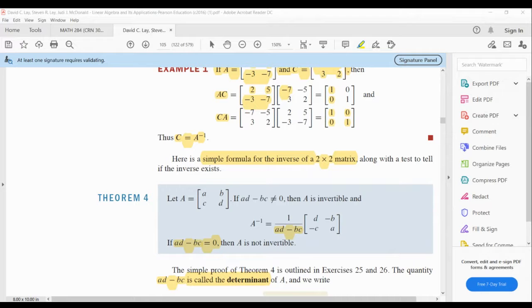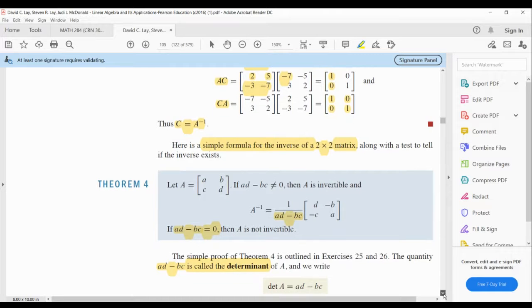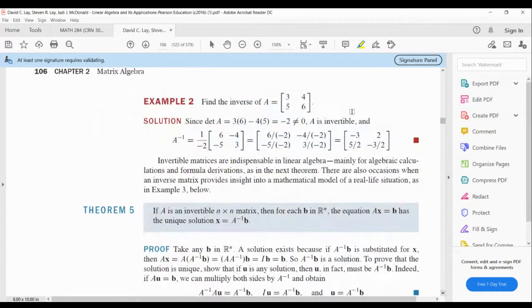Okay, all right. Well, of course, they outline the proof in two of the exercises in the book, but here's an example where they have a matrix A and they find its inverse, and really it's just applying the formula.